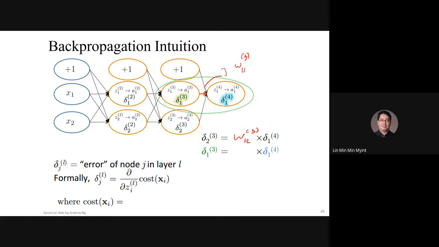To get this error, we multiply the error in the last output node with this weight.